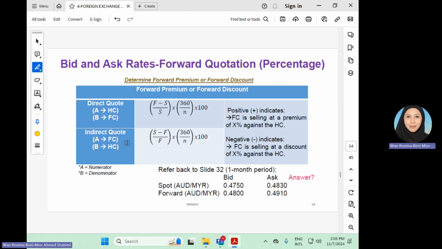We're going to see this again next week, the formula, when we calculate the second arbitrage, CIA, UIA. I will repeat this, and by that time I will teach you when we need to choose bid, when we need to choose ask. This time around, I only ask you to calculate on bid prices.